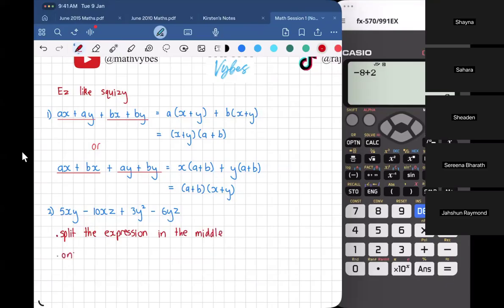And once each half has common factors, you do GCF, so you pull out the greatest common factor, and then factorize one more time. And this is the gist of it.